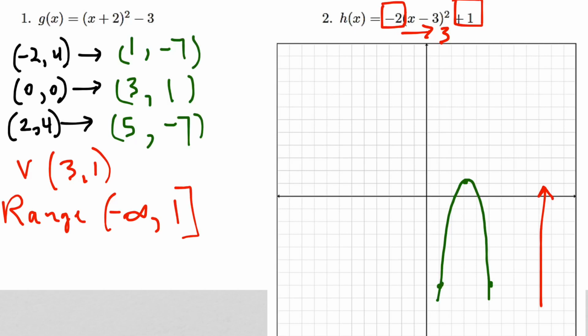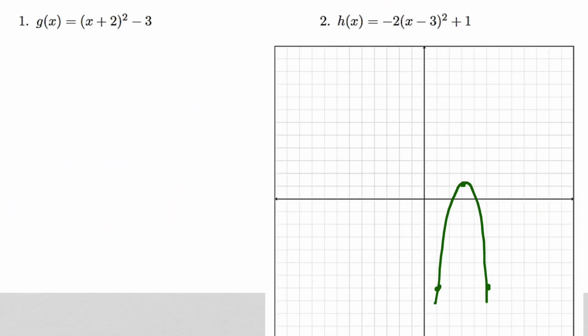So you got to make sure you get the range in the correct order. So I have to go from lowest, which is negative infinity, round bracket, to highest y value, which is 1, square bracket.